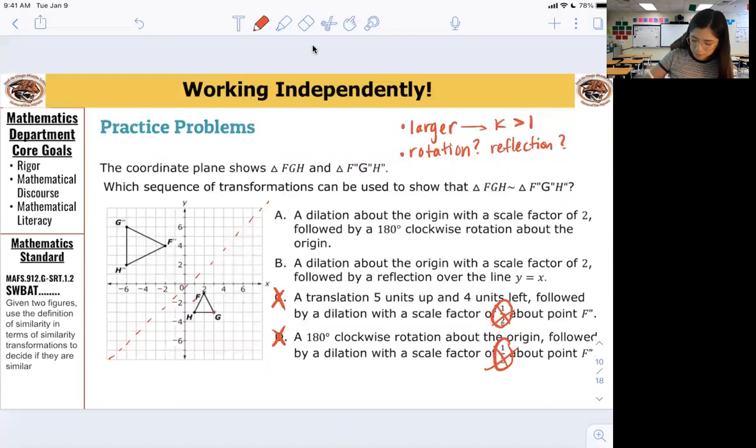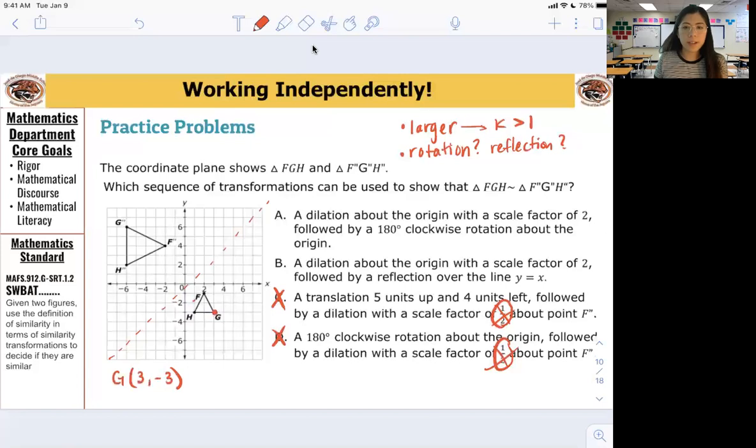I'm just going to take a look at point G, and I'm going to use point G as my guiding point. That's the one I'm going to keep track of. Where does G begin? Where is it located? Coordinate point? Oh, there it is. 3, -3. So then I know it gets dilated, right?